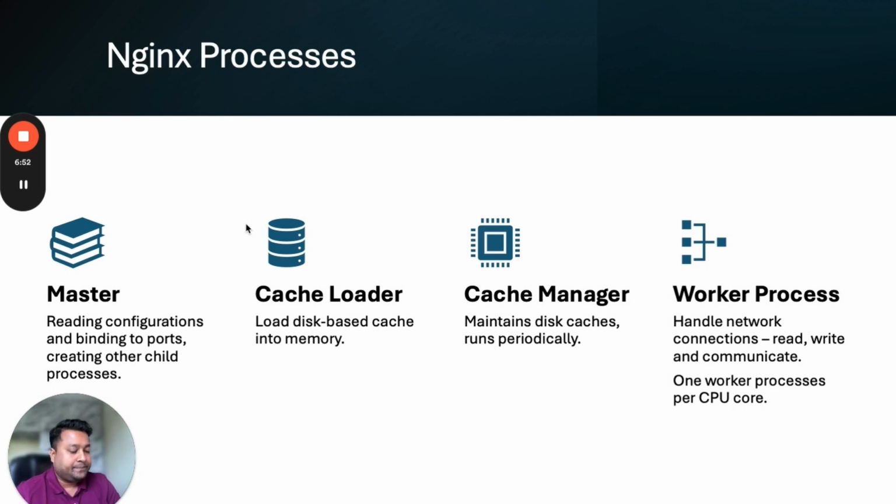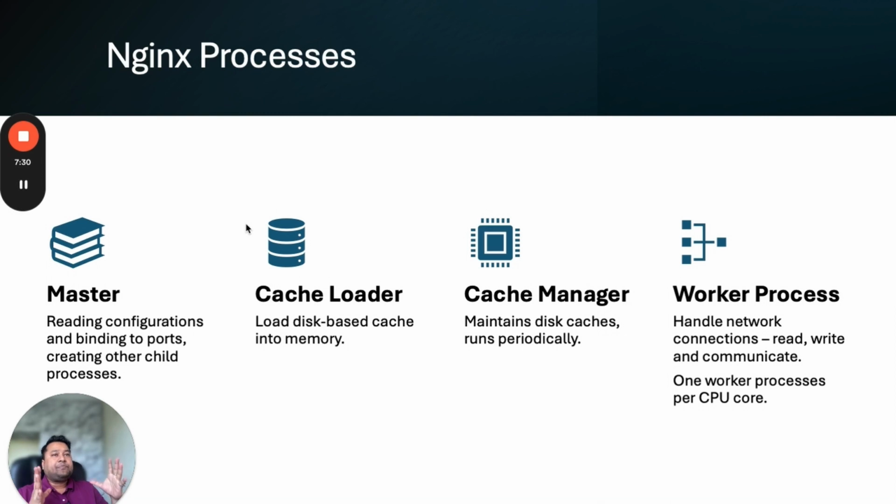The third important thing is your worker process. The worker process is the one that handles all the network communications and connections. It will read the connection and take the request. Whenever I say take the request, it means read the request. It will write and communicate. Let's say your service needs to talk to some upstream service, and then it will take that particular request to that service. Or let's say as part of your request, you are talking to a database.